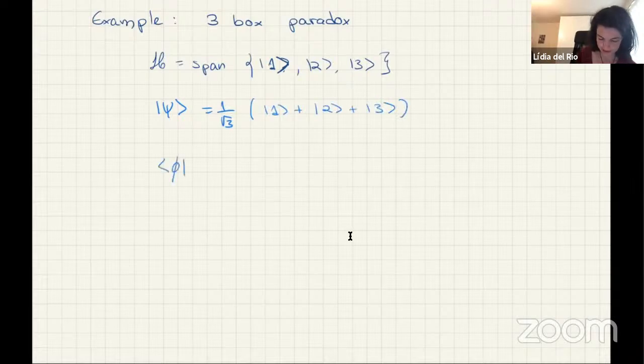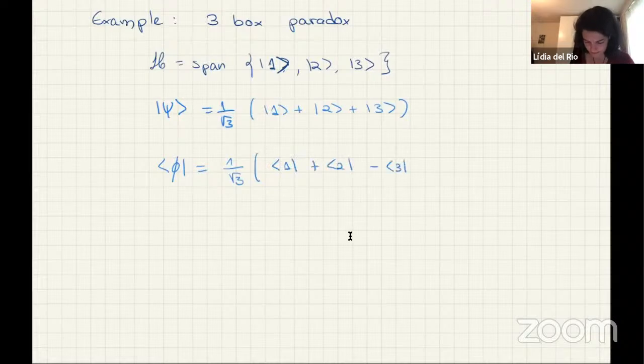And then at the end of the game, we measure it in a different basis, and we post-select only on this outcome, which is 1 plus 2 minus 3.